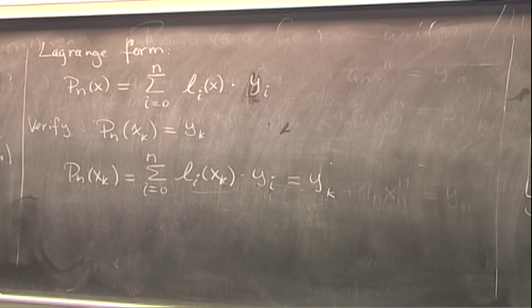The Lagrange polynomial. Can it be 0? Is it non-zero for anything that isn't included in the data? That's not relevant here, right? You mean, is it for any value of x, this thing can be 0? Yeah, it's a polynomial of degree n. It can have at most n roots.